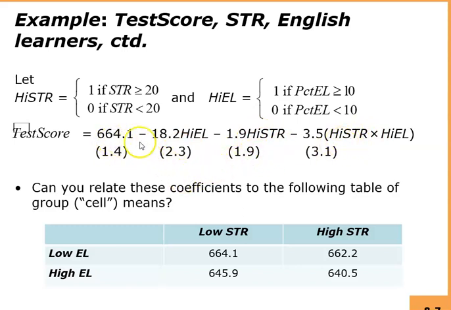So 664.1 minus 18.2 is equal to 645.9. You can similarly find the means for all 4 of these groups by plugging in the relevant values for high STR and high EL into this equation. Just as an exercise, you should try to do that so you are clear on this concept.